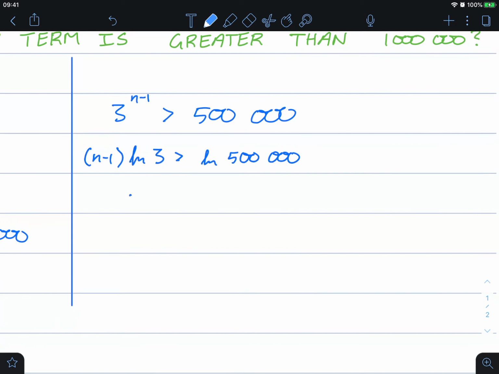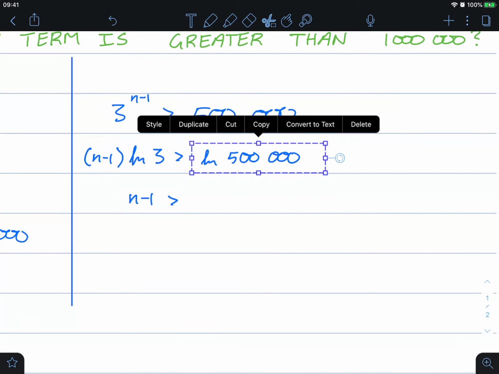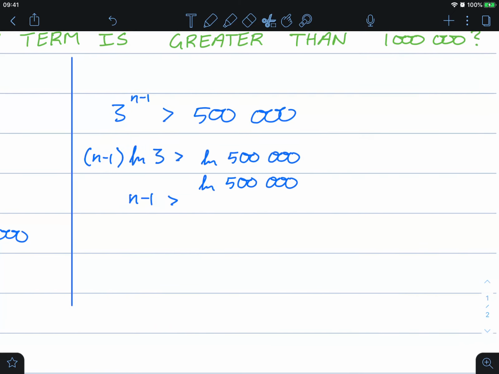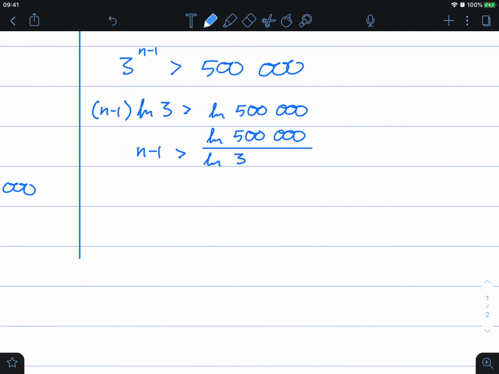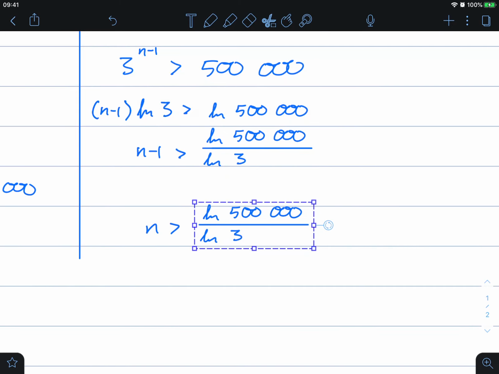Divide by ln 3. Just duplicate this, a lot easier. So ln 500,000 all over ln 3, adding the 1. Just duplicate everything.